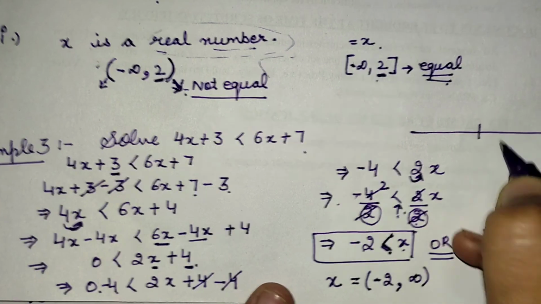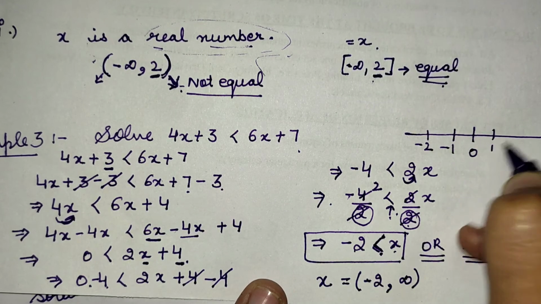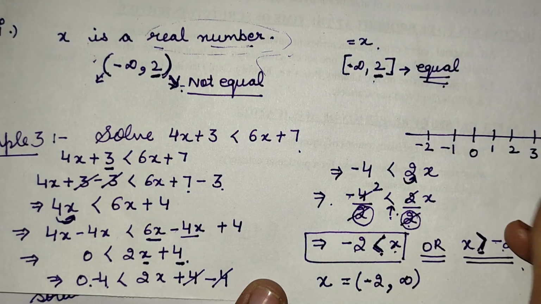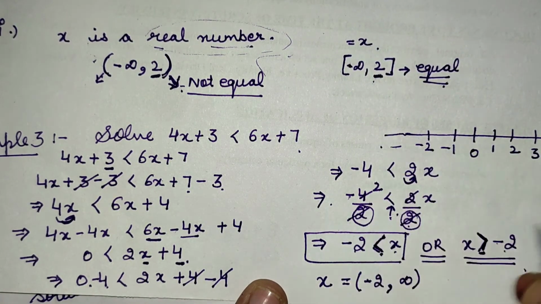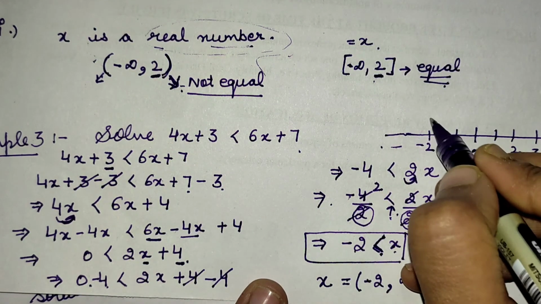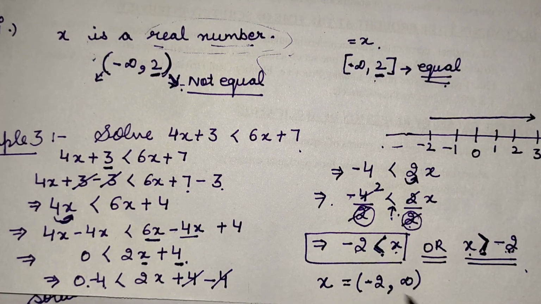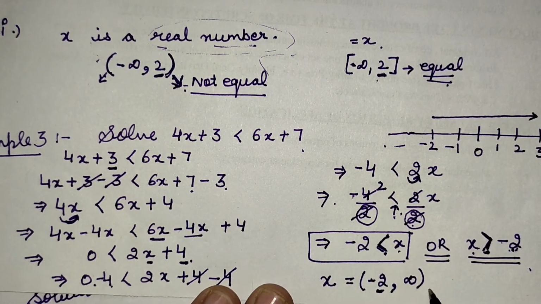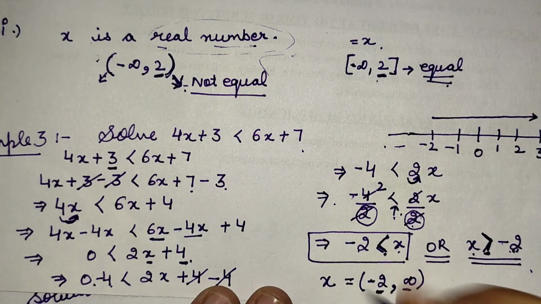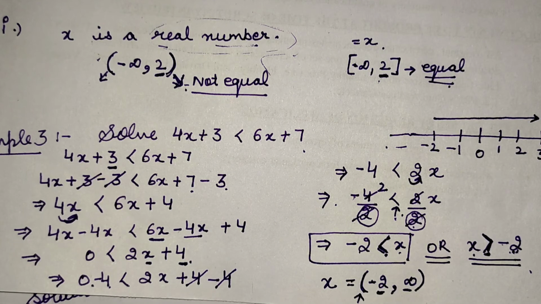On the number line, the values are 0, -1, -2, 1, 2, 3 and so on. So what is it saying? x is greater than -2, which means the positive side. I have used round brackets because -2 is not included in the solution.